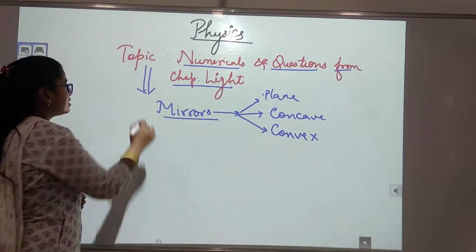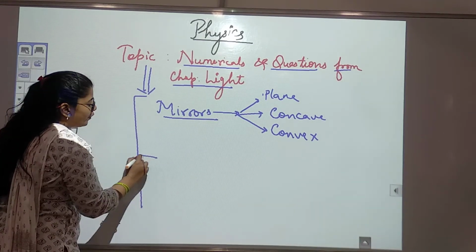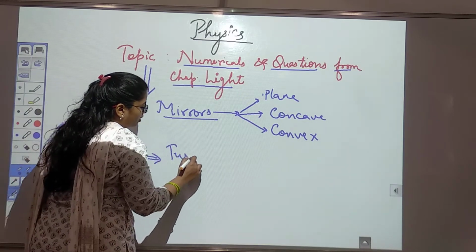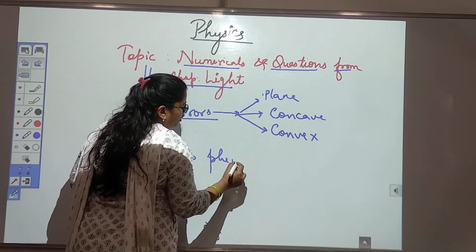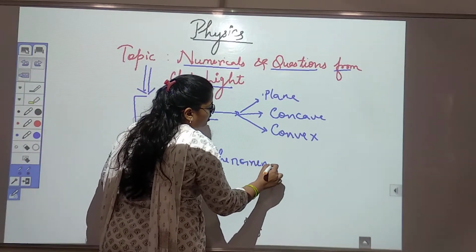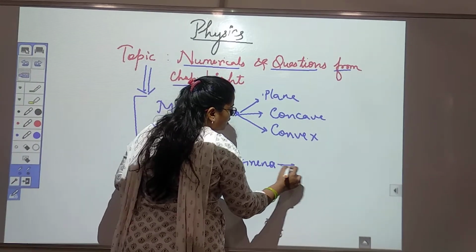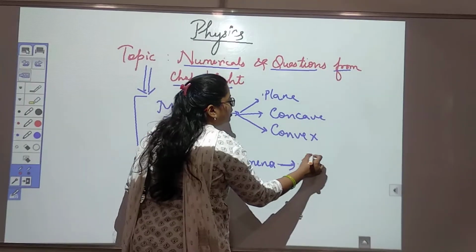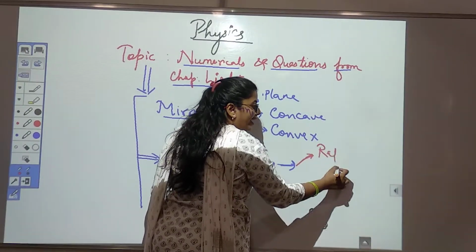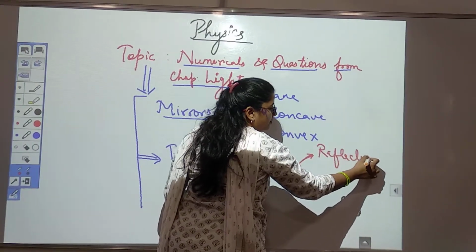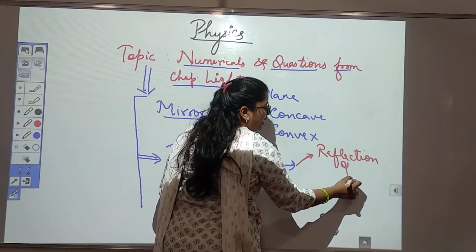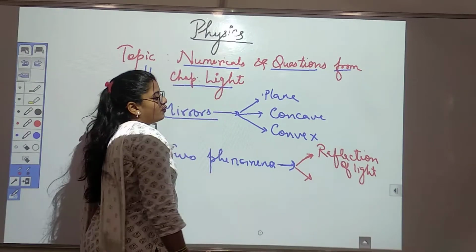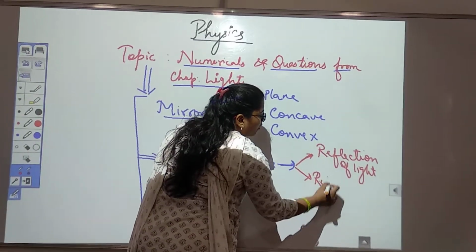After this we learned about two phenomena of light that we have learned in this chapter: reflection of light, and the last topic we learned in this chapter was refraction of light.